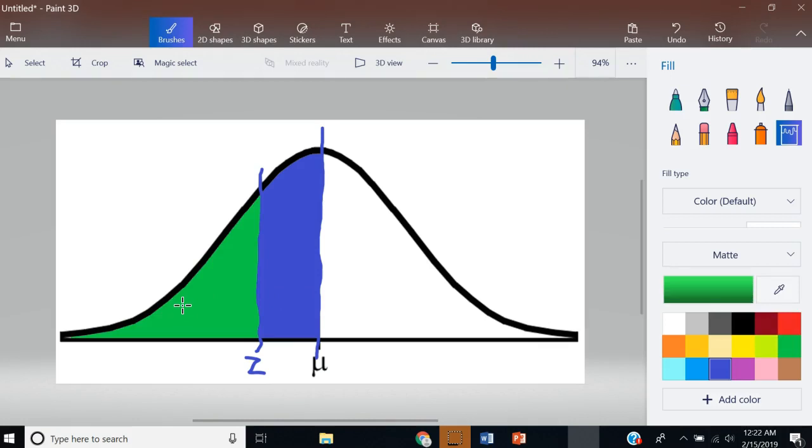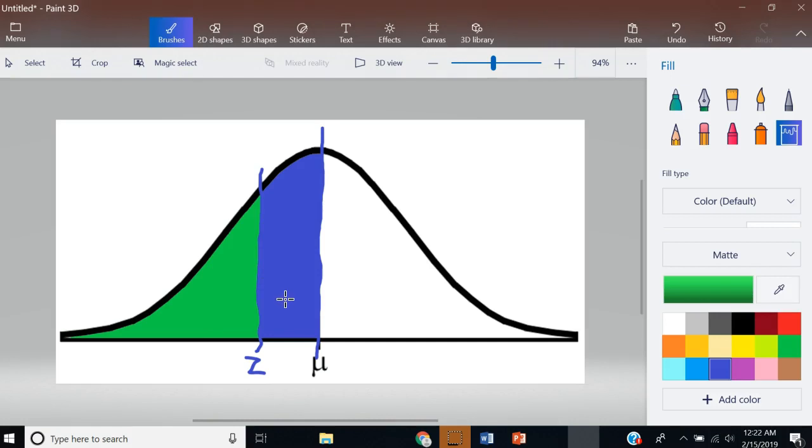Hopefully that makes sense. It's this area right here, negative infinity up to z. Now, what you'll see is that in this case, there's a relationship between the green and the blue, but it's not add 0.5.